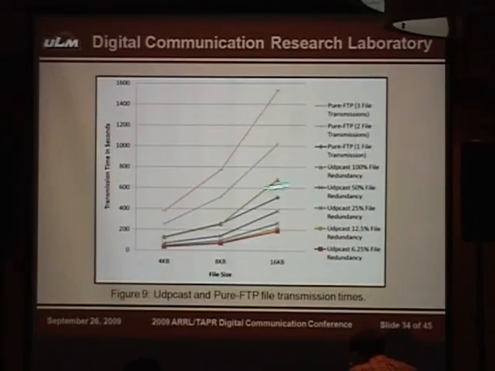That's what this relates to. So the transmission times that I have for pure FTP are really these right here, these purple green triangles. That's pure FTP for a single file transmission.